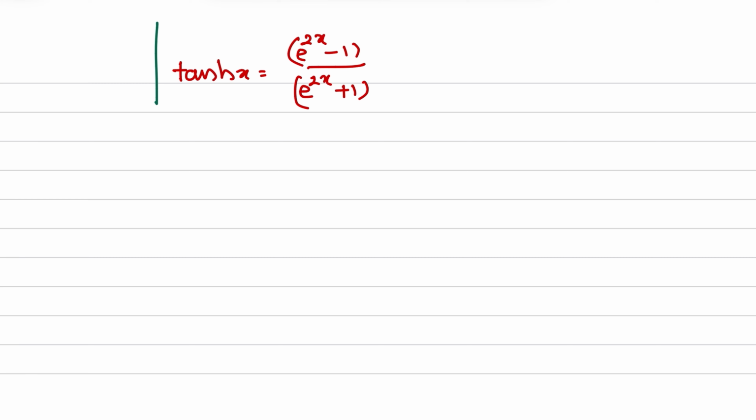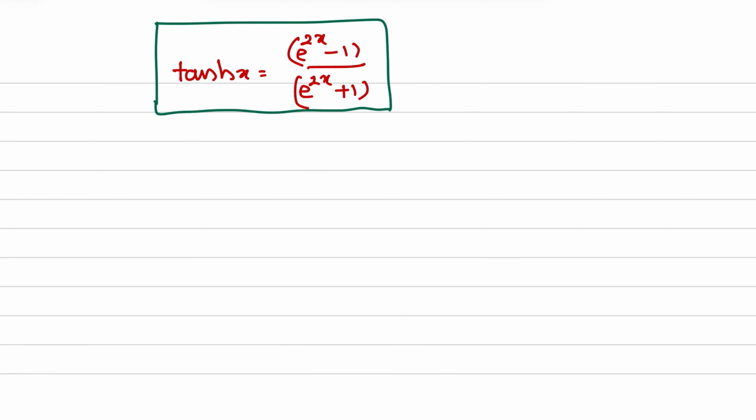Provided the definitions and concepts are very, very clear, tanh x is equal to e to the power of 2x minus 1 by e to the power of 2x plus 1. A very, very important identity which we have got.